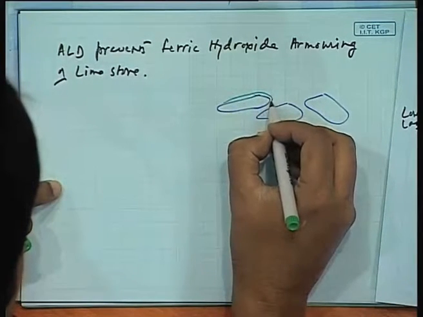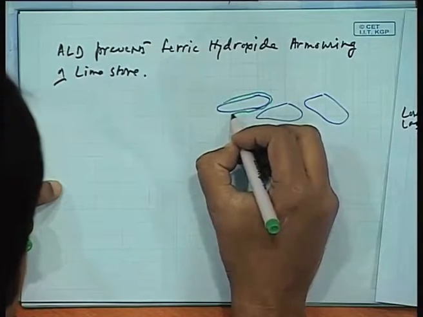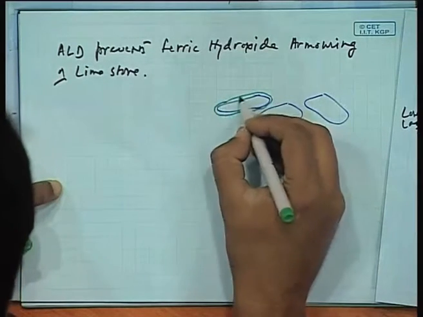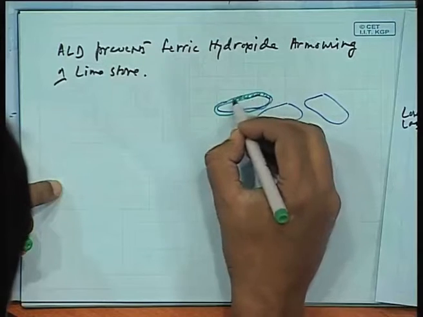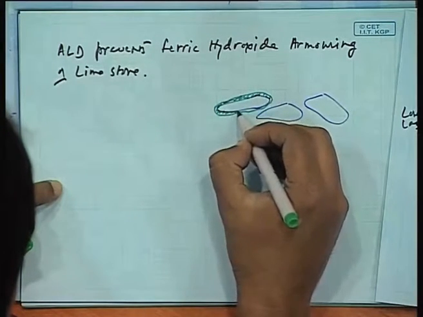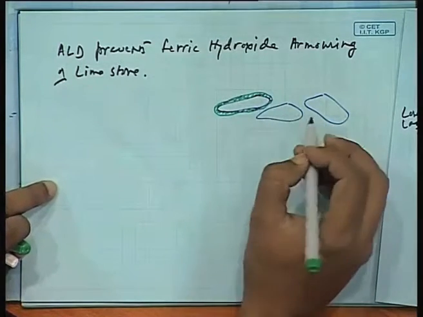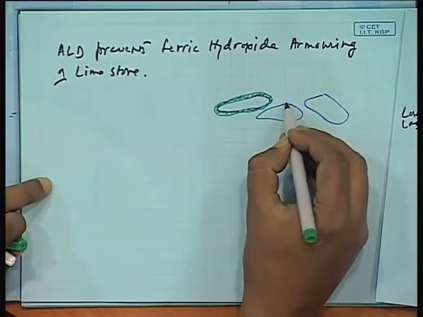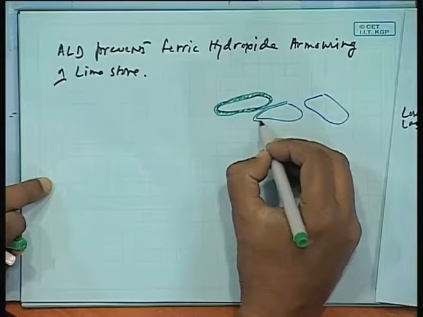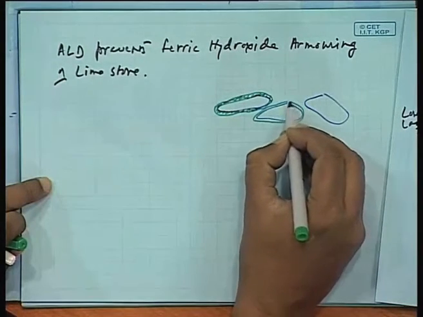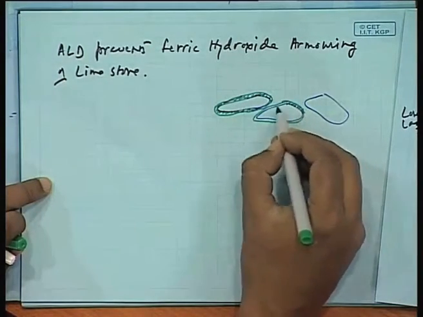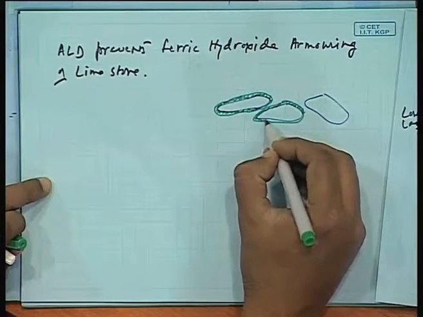As a result, there would be less surface area exposed for the limestone to act. So we stop this ferric hydroxide deposition here.